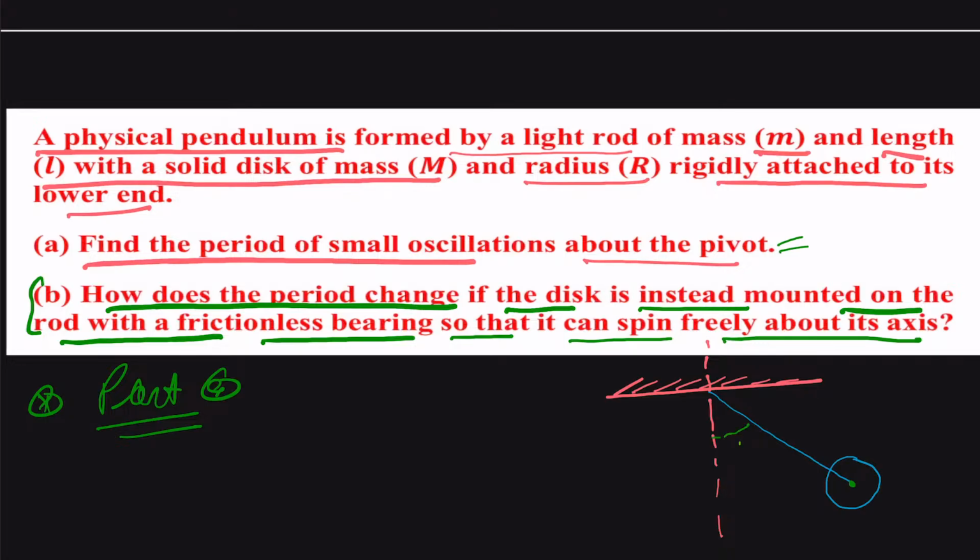And suppose the small angle is given as theta, and the rod length is given as L. So this is the length of the rod, and its mass is small m, and the disc has a mass of capital M, and its radius is given as r. We have to remember that in this particular case the disc is not free to move, it is rigid, because in the second part the disc is free to move. So this is the major difference between the two. So we can say the disc is fixed.